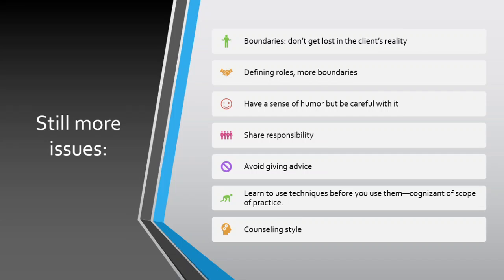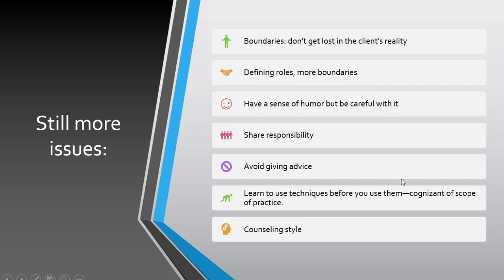So advice carries a heavy responsibility. And if we are consistently telling people what to do to resolve their problems, it's our responsibility for the outcomes of that. And we're not really being helpful when we do that, when we tell people what to do.